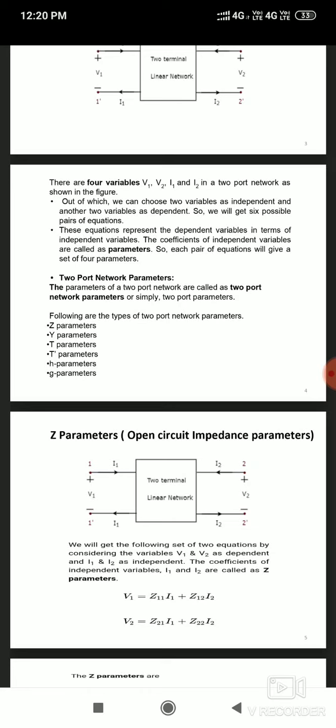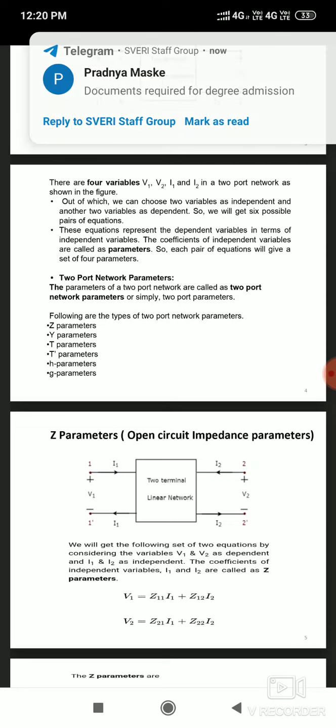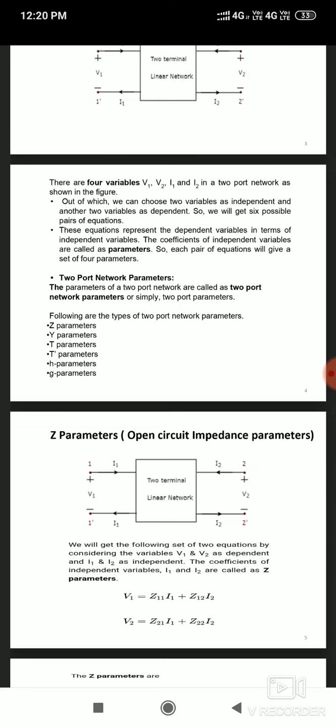So in this way we have to form the equations by taking any two variables as independent variables, while the remaining two variables we consider as dependent variables. If you use the combination 4C2, we will get six combinations, and those six combinations are nothing but six parameters.